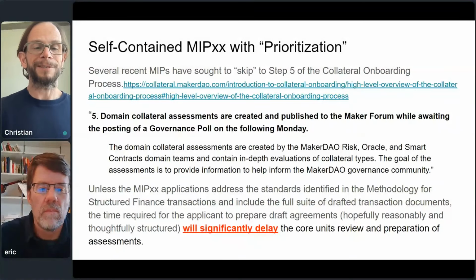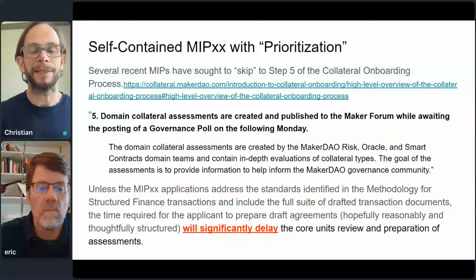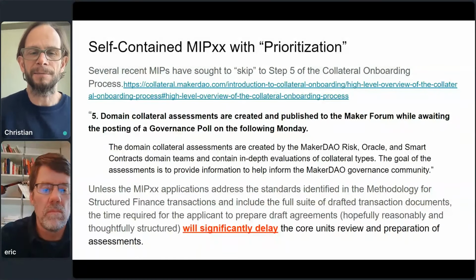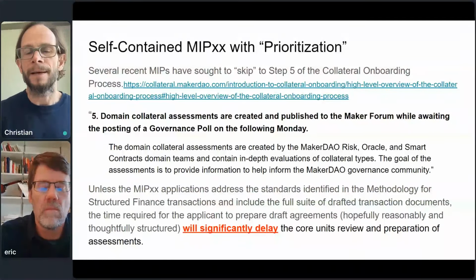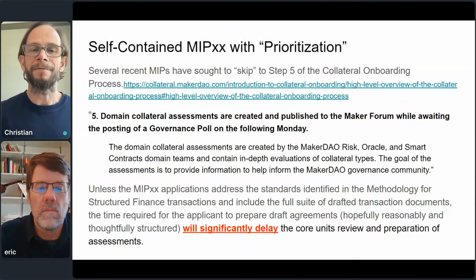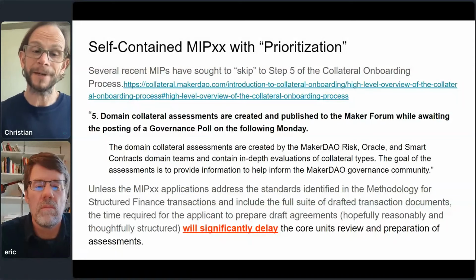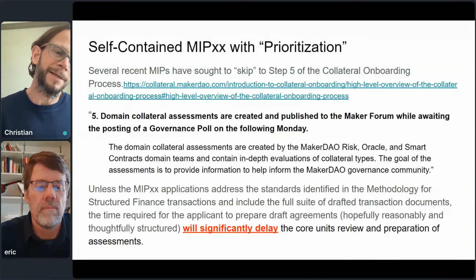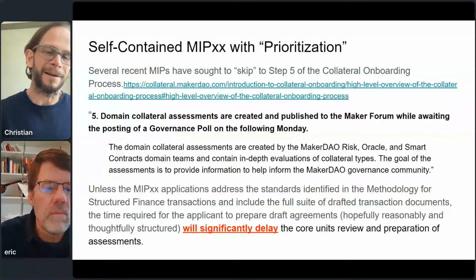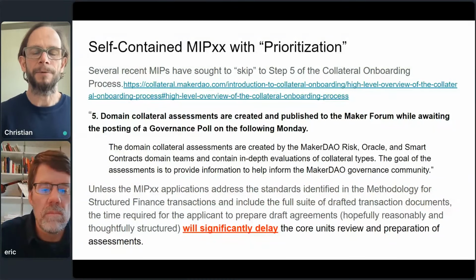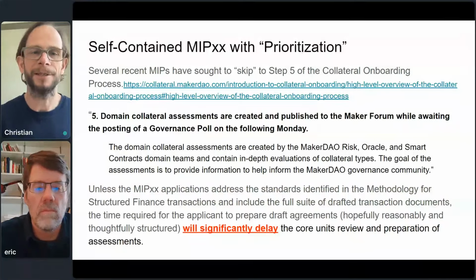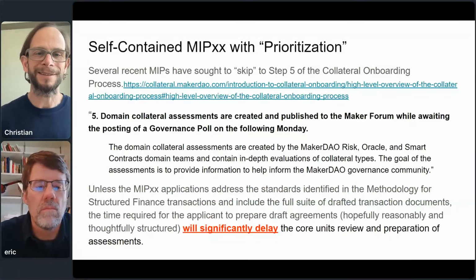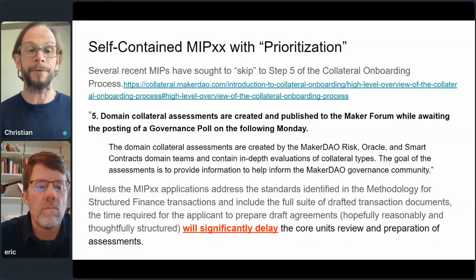Because what happens is, once the MIP is approved, we're then asked to provide an in-depth evaluation. But unless we have a very complete set of documents and a very complete package, we fall back into where we are now in the MIP process, where you end up having to have a discussion. Are these terms market standard? If they're not market standard, can we propose something?